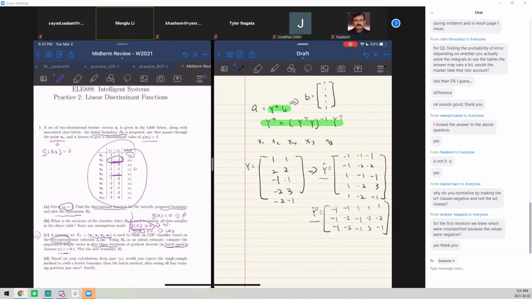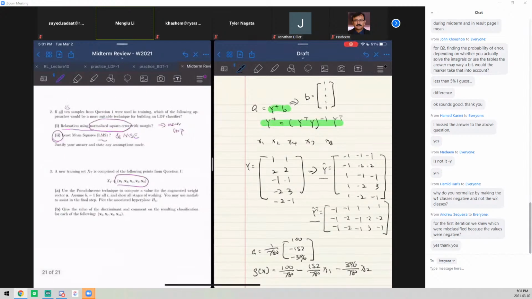So eventually you can get the a, and that's the weight vector, and we want to write it as the g function. Okay, that's the g function.